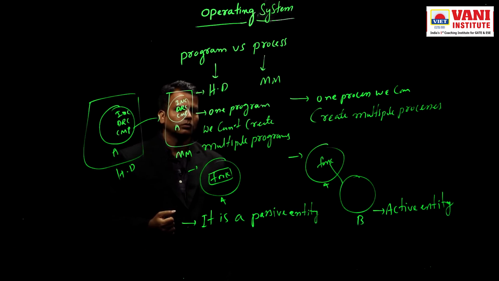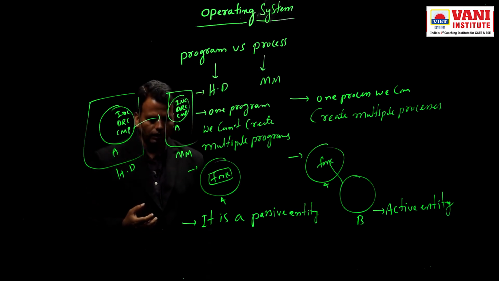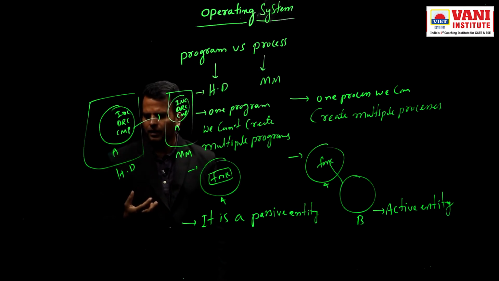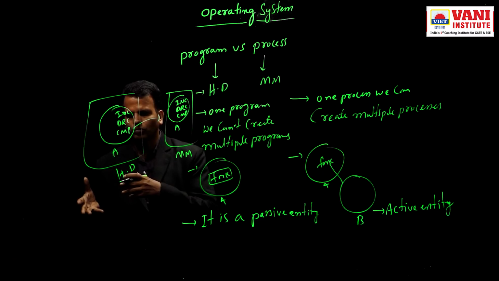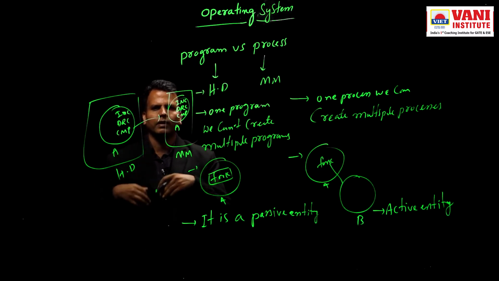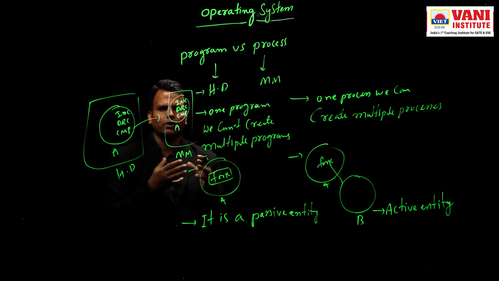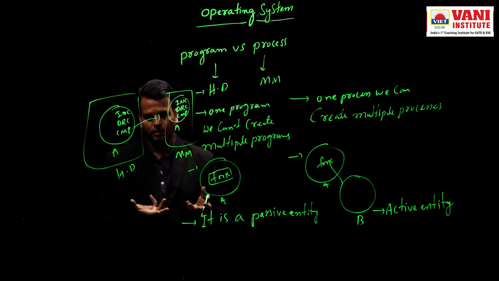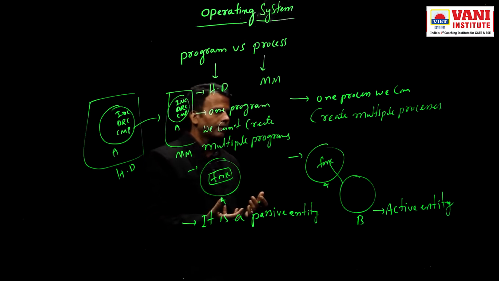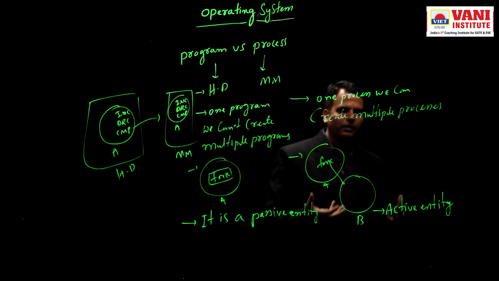Okay, so if I keep a body inside a room, can you say that tomorrow morning when I come, I will find this body in some other room? No, because it doesn't have any life. But an active person is at different places.